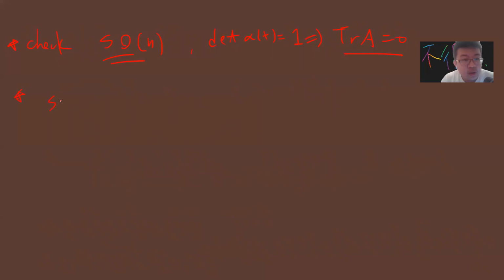Also you can check for special unitary groups. Special unitary groups are the n by n complex matrices such that they are unitary and the determinant is 1.